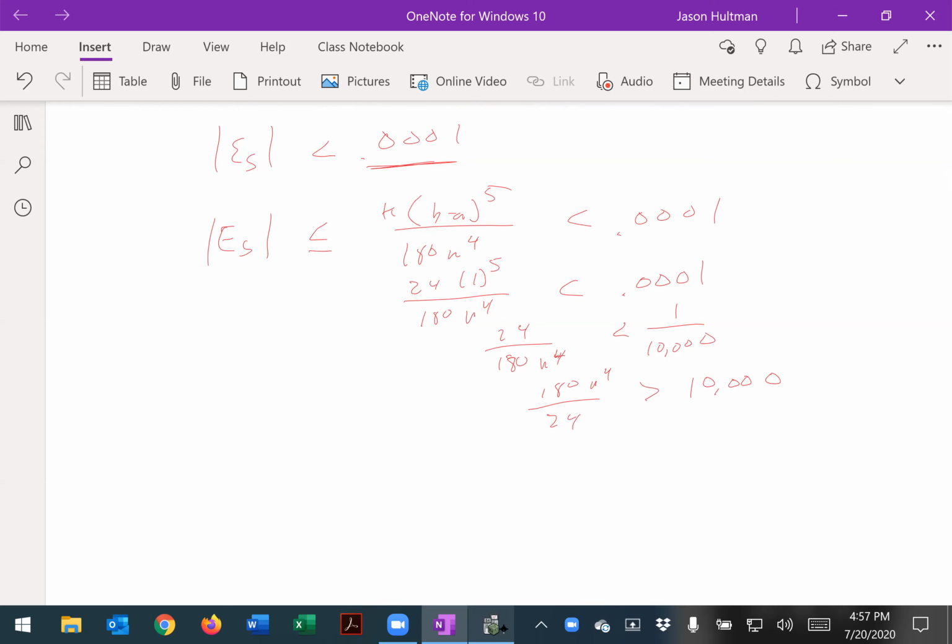So now let's multiply both sides by 24 over 180. What did we find that out to be? We found that out to be 2/15, I believe, right? Is that right? 2/15. So that just cancels, and we get n to the 4th power is greater than 20,000 over 15.